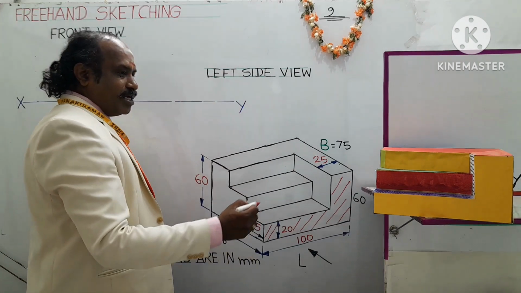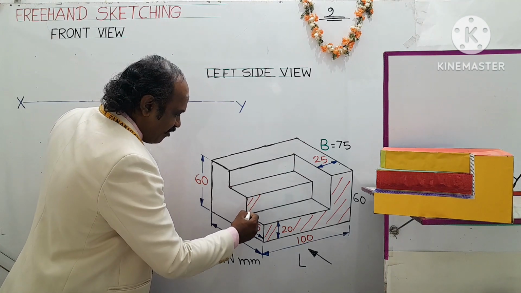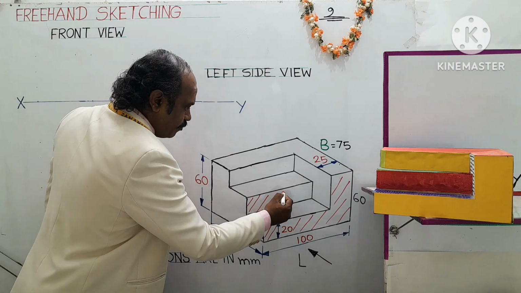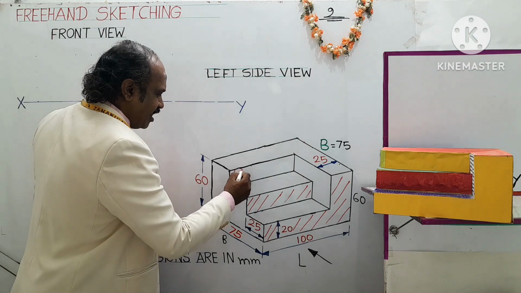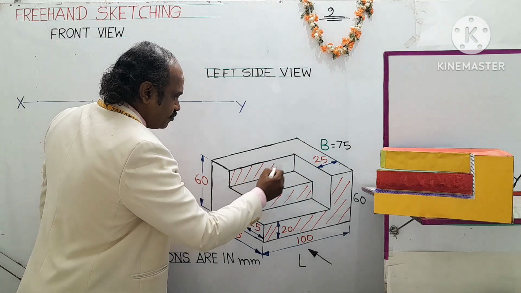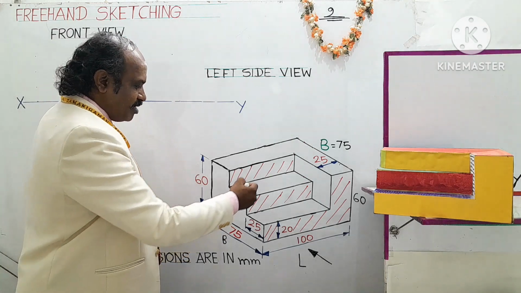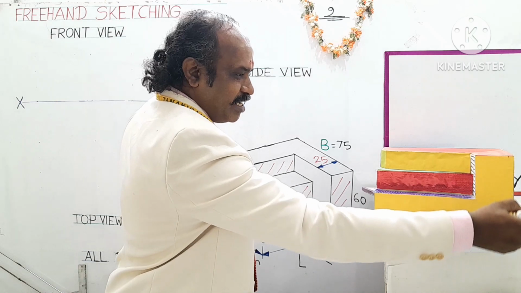Also you can see this pink color portion, that is, height of step 2. This is step 1, this will be step 2. These portions will be visible, and you can see the height of step 3 also. So all these edges will be merged, forming a single vertical edge. That is, this is the left hand edge and this will be the right hand edge.